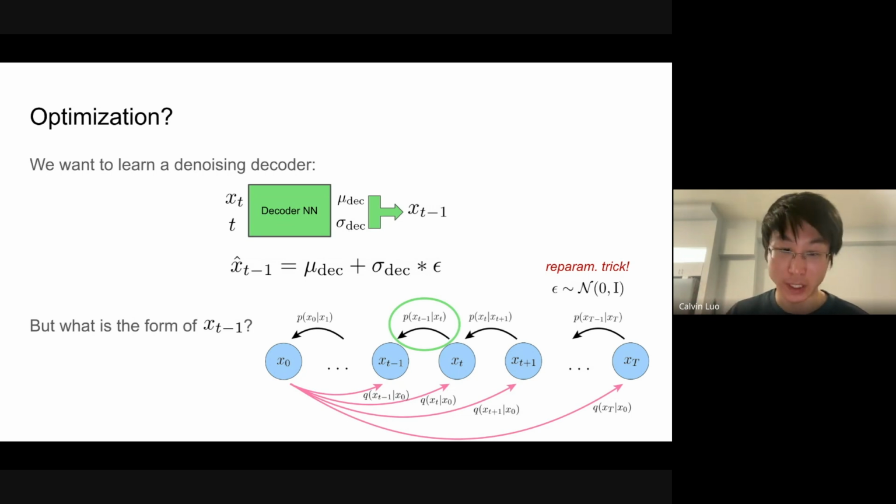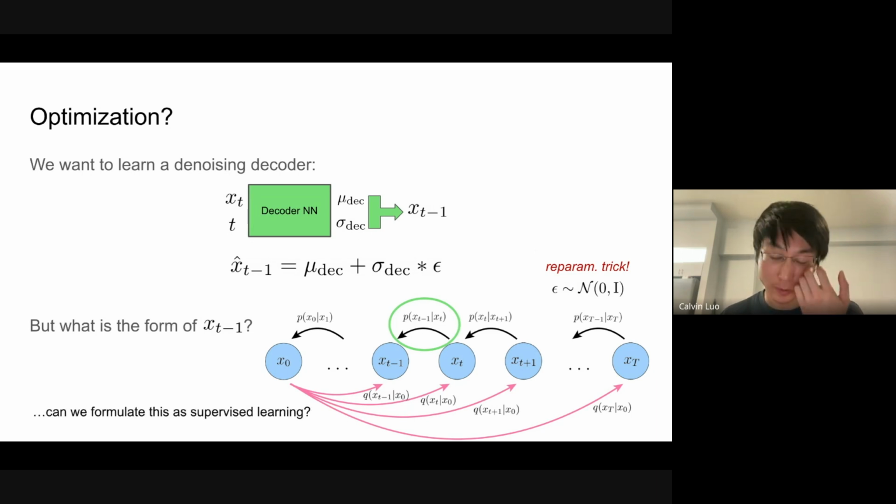It's just a probabilistic decoder. So our prediction, x hat t-1, is written the following way. But what is the form of xt-1, right? We want to try to formulate this as a supervised learning problem, so we need labels of xt-1, some sort of ground truth label of xt-1 that will improve our predicted xt-1.